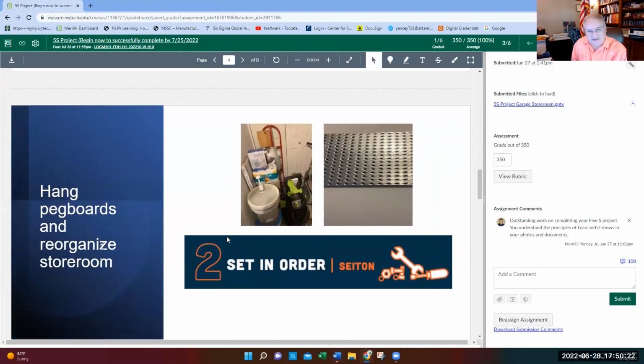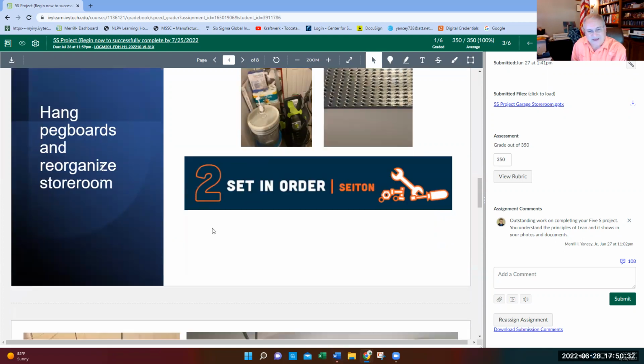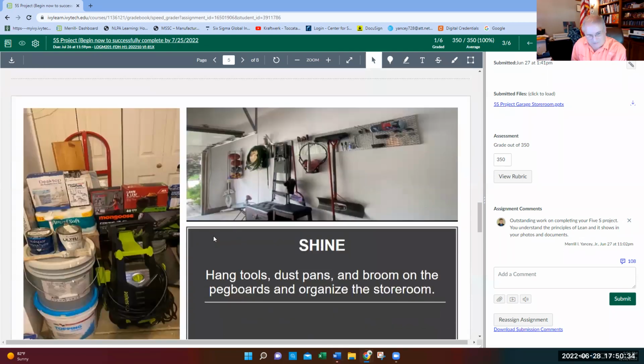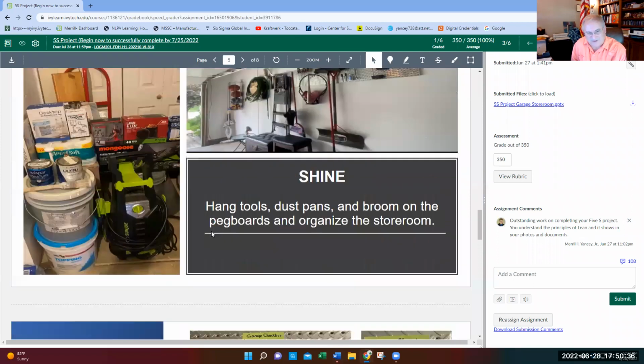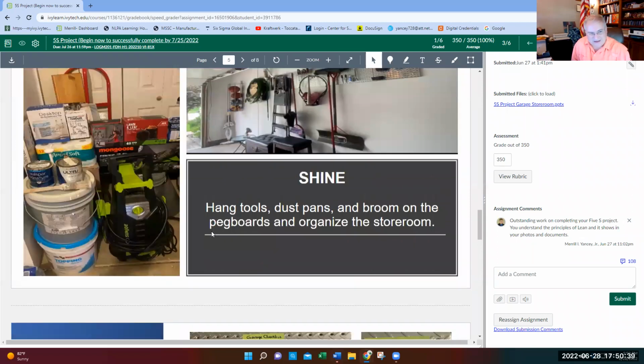So you're going to go through and sort out where things are going to go back into your process. And then you're going to get set in order. And in his case, he hung up pegboards and shelves to be able to have the stuff where you could still see it. And then the third step, with pictures, really does help tell what's going on here. Shine is where you're going to clean everything up. You're going to make sure that all the cables are rolled up.